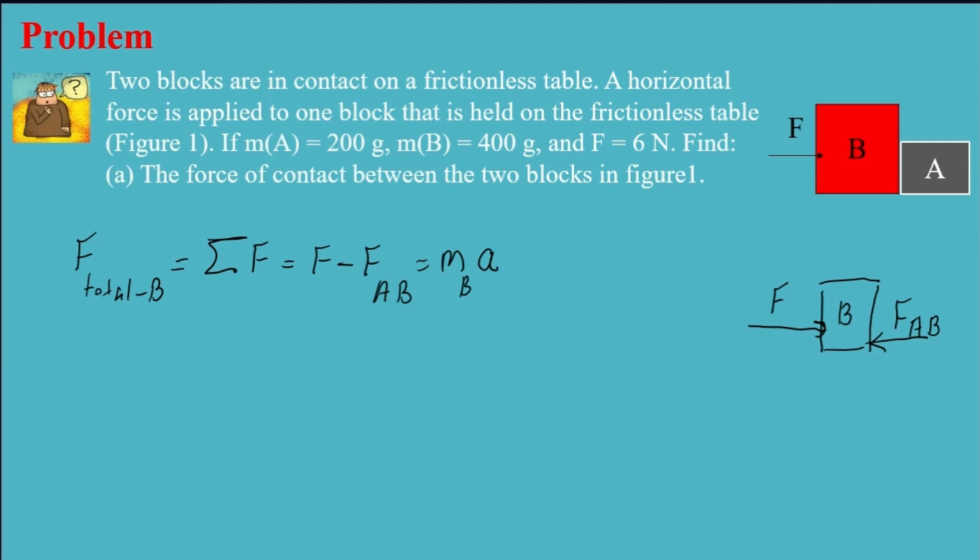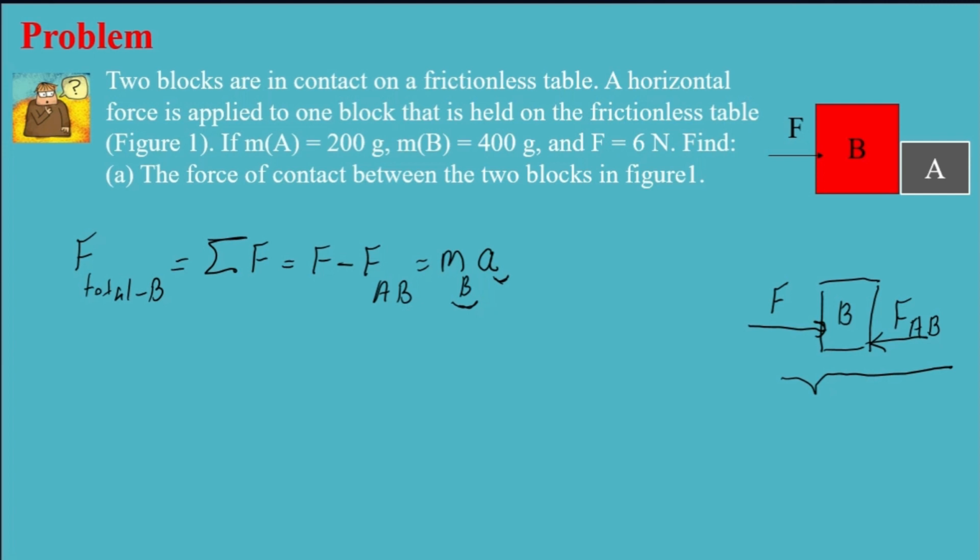Remember we're talking about object B here, so the mass should be B, but the acceleration is going to be the total acceleration I just found, because they move together. If they move together, then the acceleration for block A and B is going to be equal, which is equal to the total acceleration.